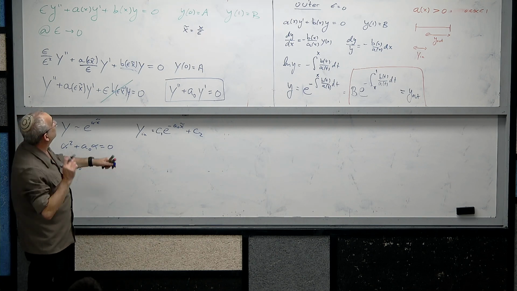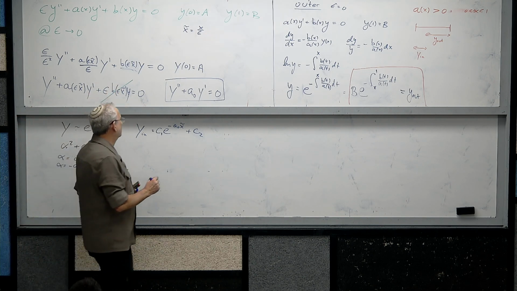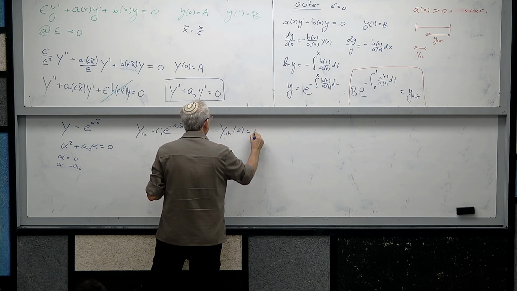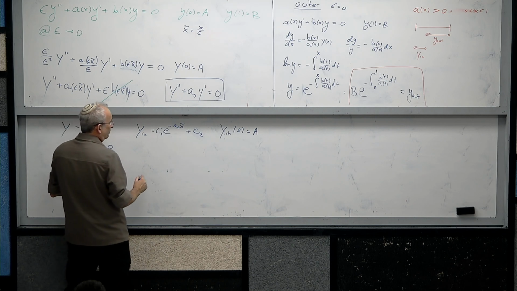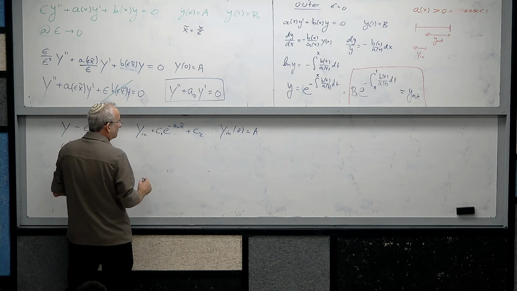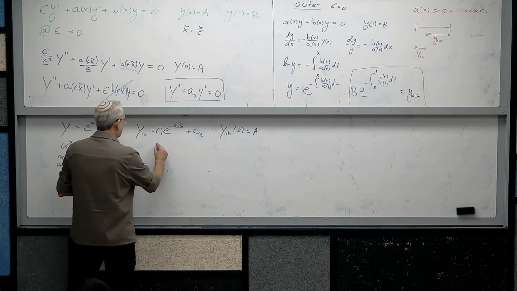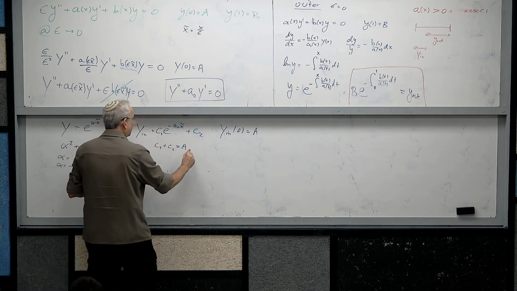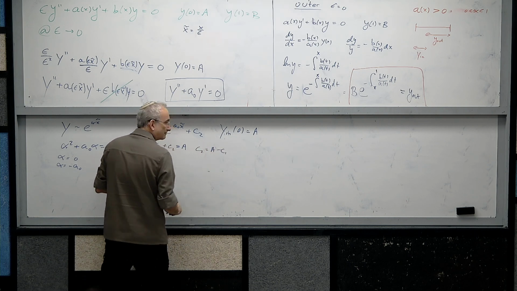And I want y in of 0 to be a. And therefore what? Therefore, C1 plus C2 is a, and therefore C2 is a minus C1.